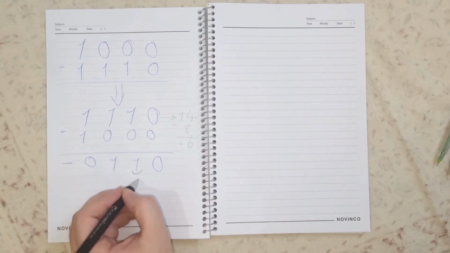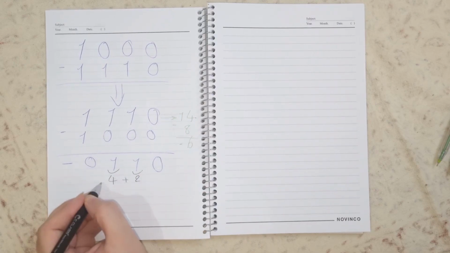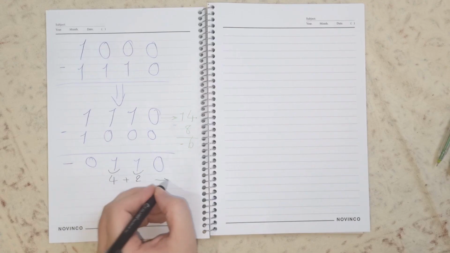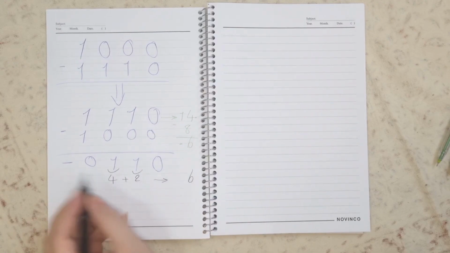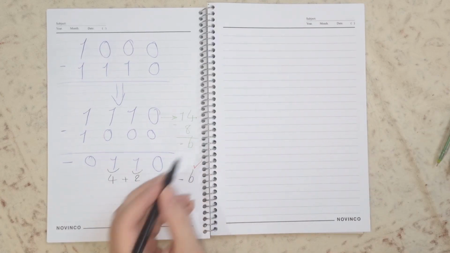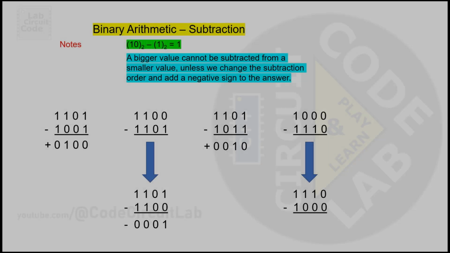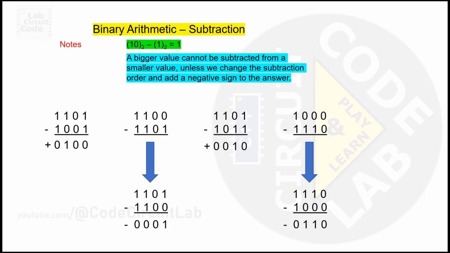And as you see, this one is the value of 2, this one is the value of 4. Adding them makes 6. However, it's a negative 6. So our subtraction was actually correct. As we saw, the answer was 110. However, it was negative. It's a negative 6.